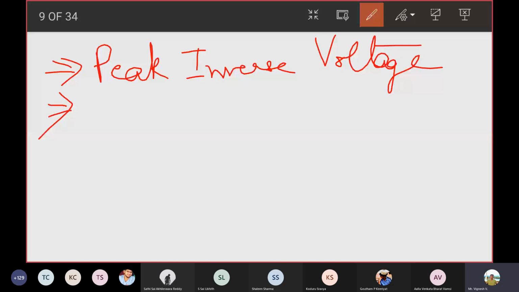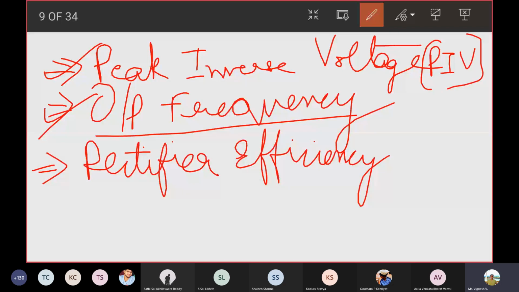Of course, it's an important parameter, right? Because you're trying to convert an AC signal to a DC output. So it's very important to know the rectifier efficiency. Efficiency means how much of the AC input is converted to DC. Again, a very important parameter.